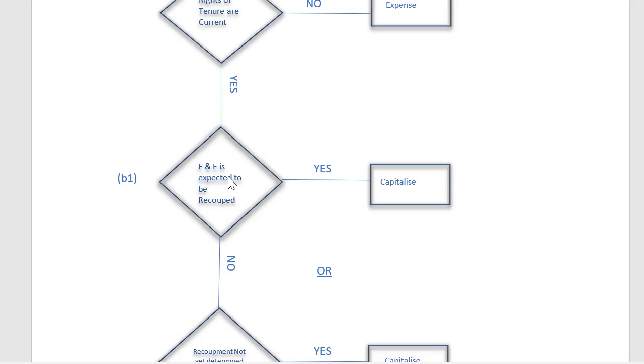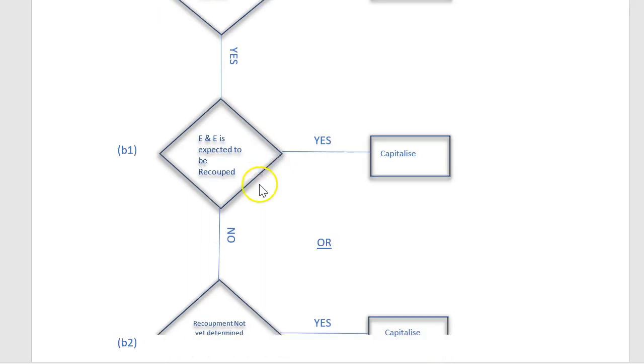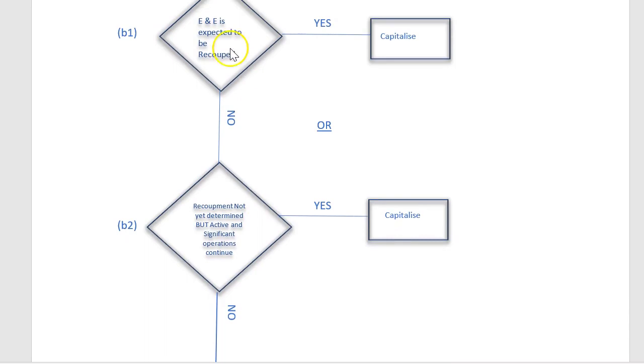If the mine has 500,000 tons of gold, their E&E costs can be recouped because the expected reserves exceed the commercial viability benchmark. Yep, that's fine.